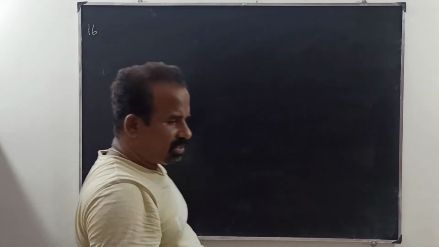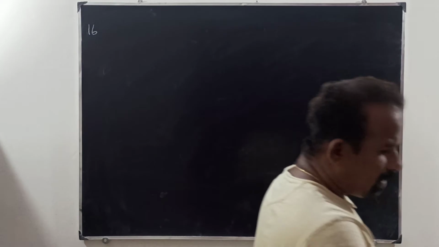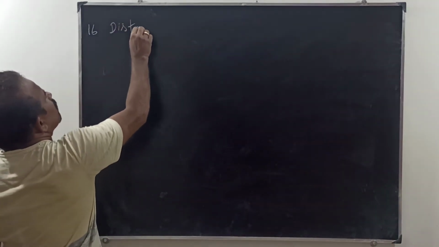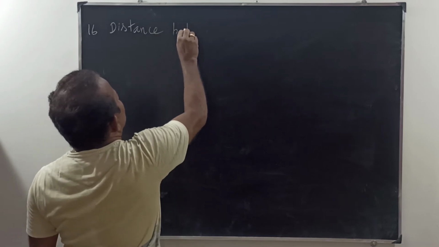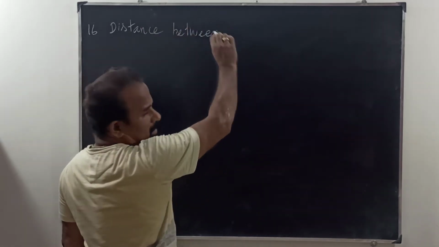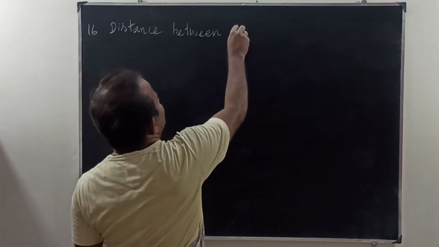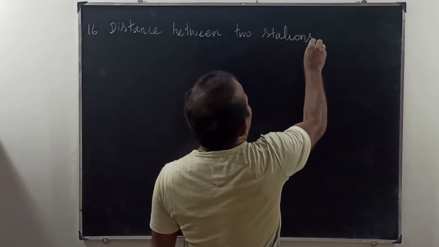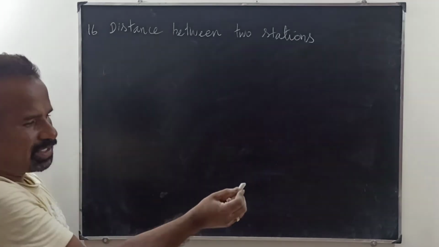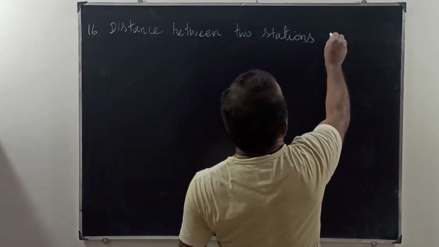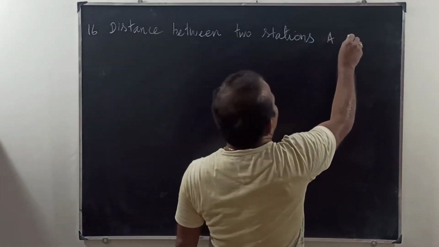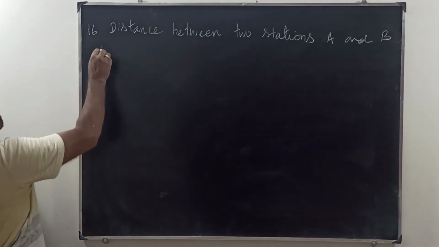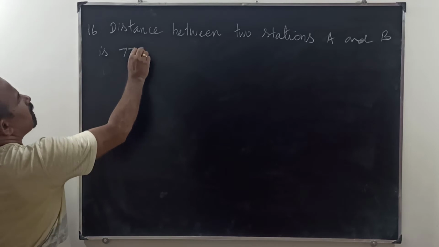Sixteenth question is: distance between two stations A and B is 778 kilometer.